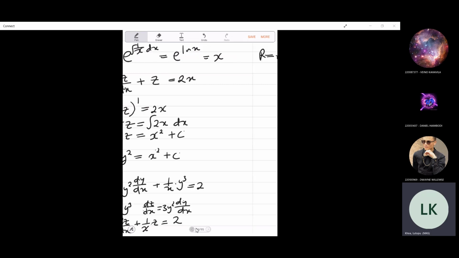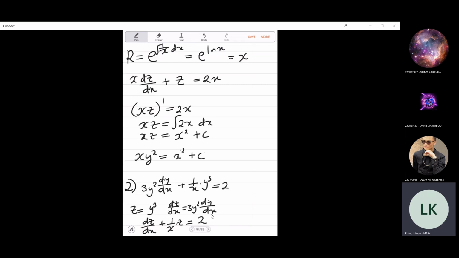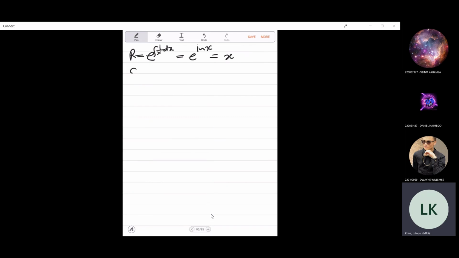So I multiply everything with x. I have x dz/dx plus z is equal to 2x. And then this becomes xz' is 2x, and then we integrate both sides.